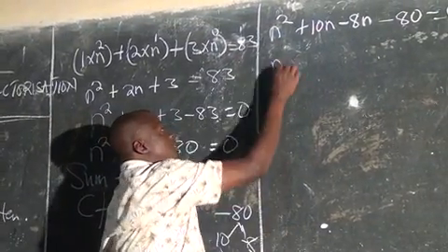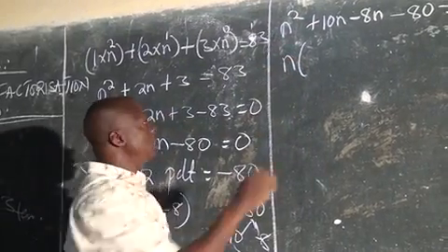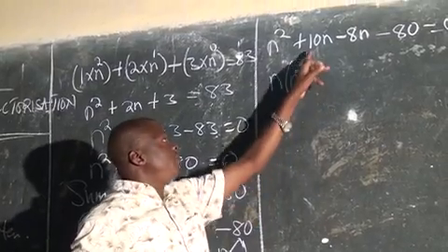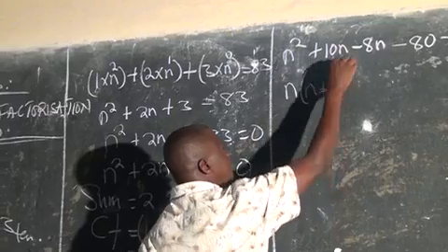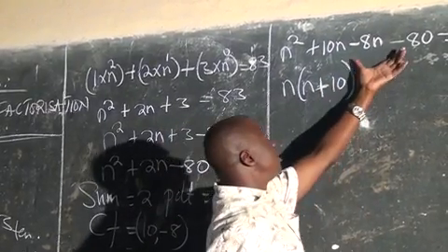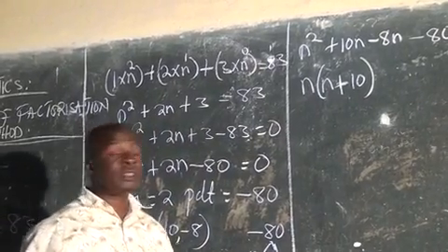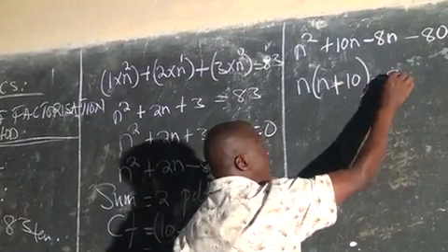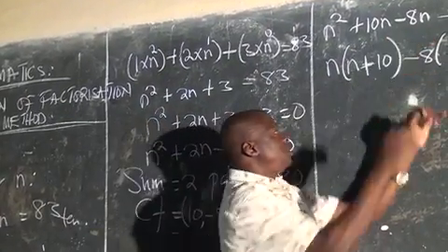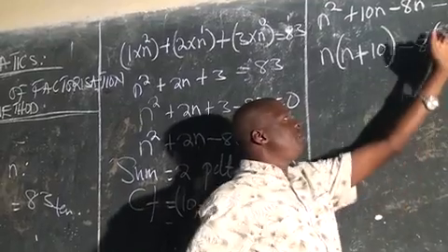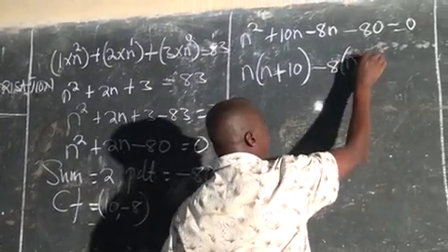So this is n into; n divided by n gives n, and 10n divided by n gives positive 10. Now we look at the other two terms. There is also a common factor, which is negative 8. So we have minus 8 into; negative 8n divided by negative 8 gives positive n, and negative 80 divided by negative 8 gives positive 10.